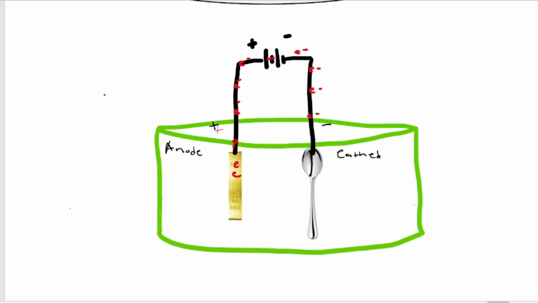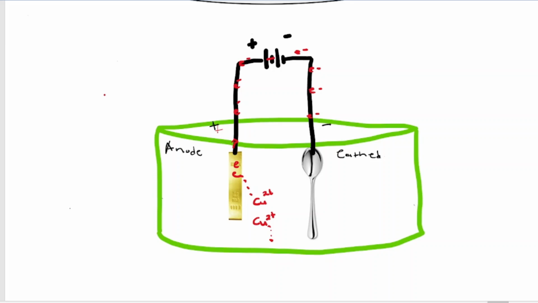The ion that was holding this electron will be deposited into the container. And that ion is going to be Cu2+. So you are going to have a lot of Cu2+ being deposited into the container.